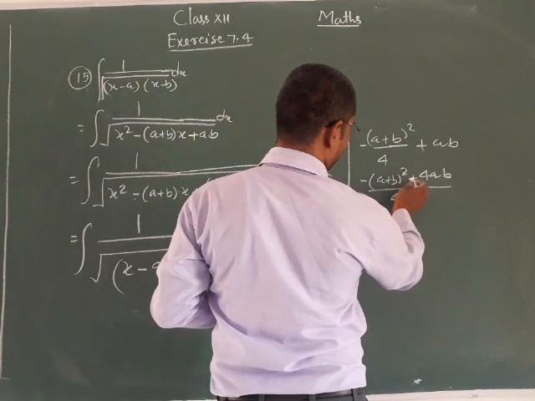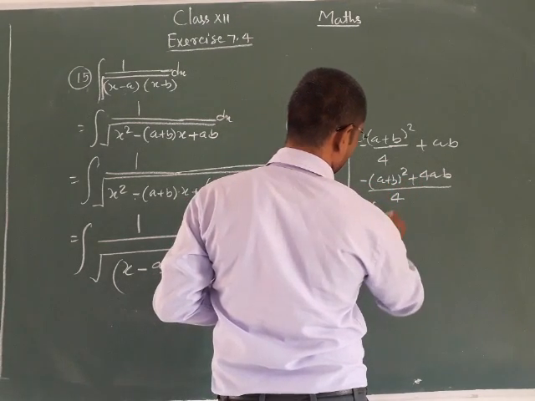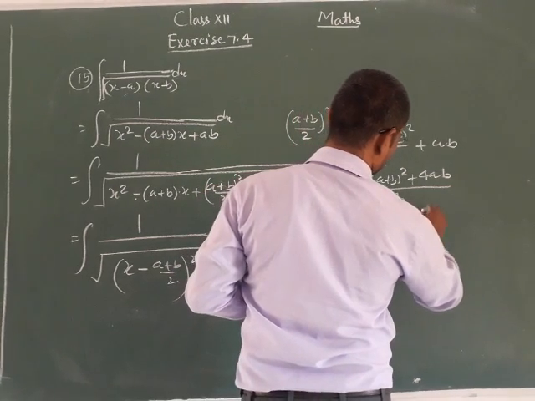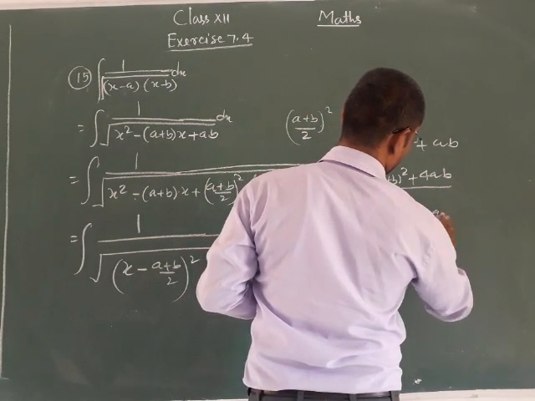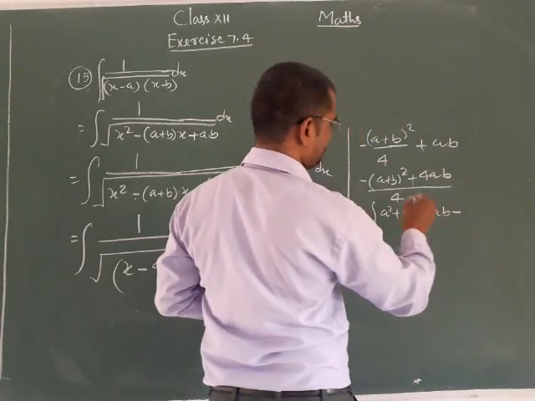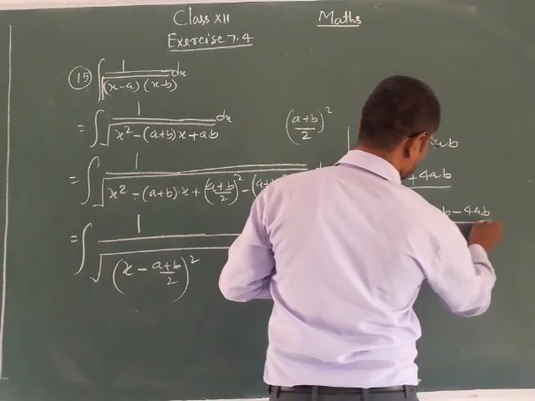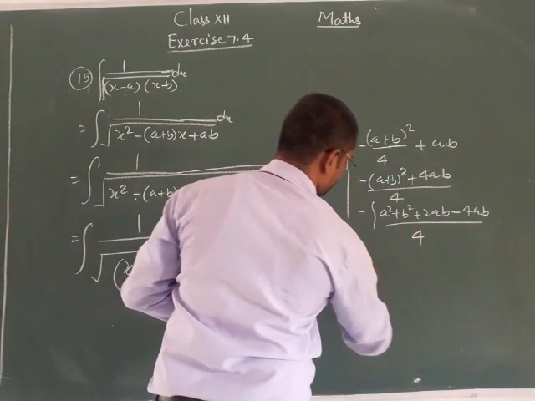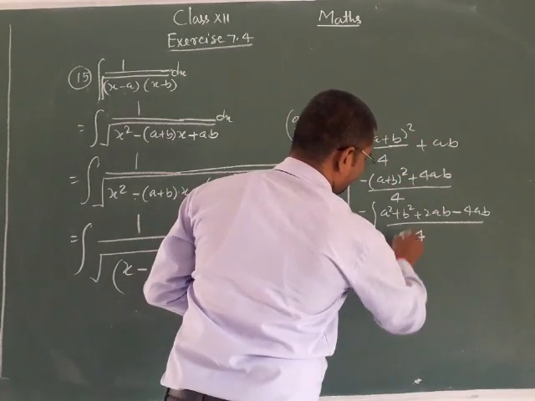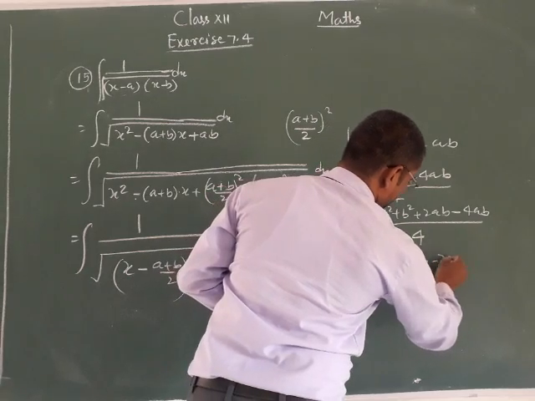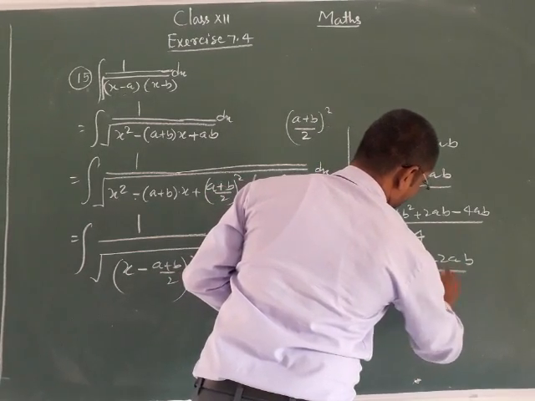Minus, taking minus, so a square plus b square plus 2ab minus 4ab upon 4. So minus (a square plus b square minus 2ab) upon 4.